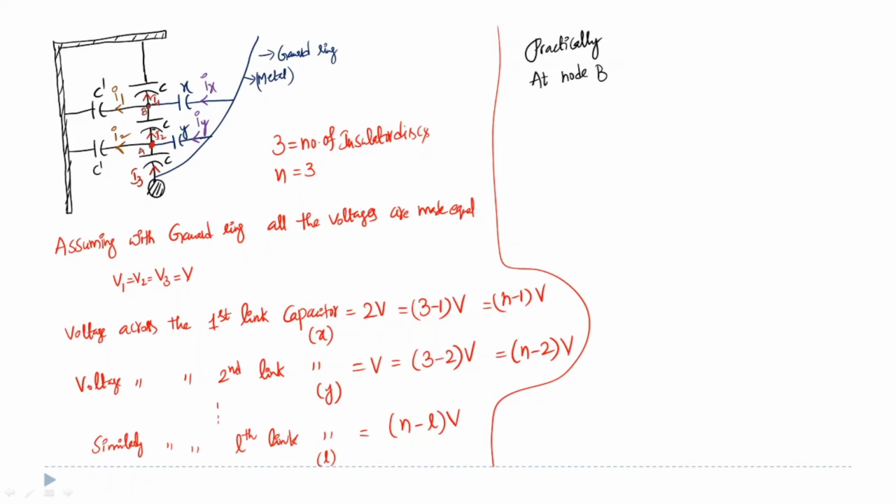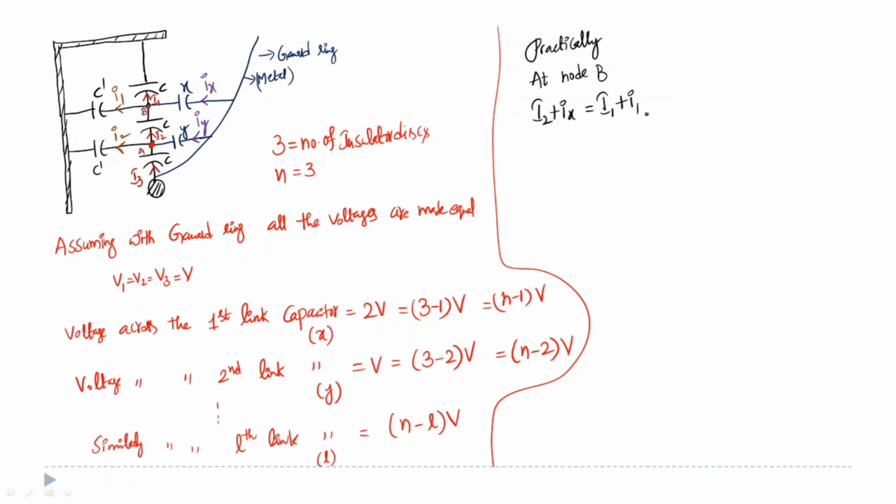It is capital I2. What is another incoming current? Small Ix. So capital I2 plus small Ix is equal to the outgoing currents, capital I1 and small I1. This is the relationship between different currents at node B.